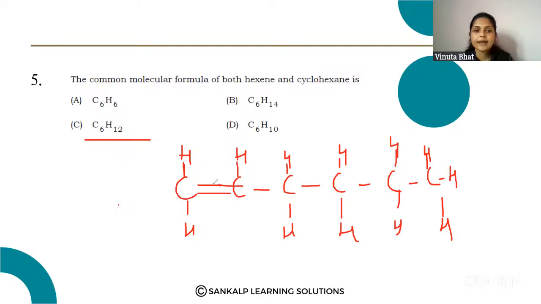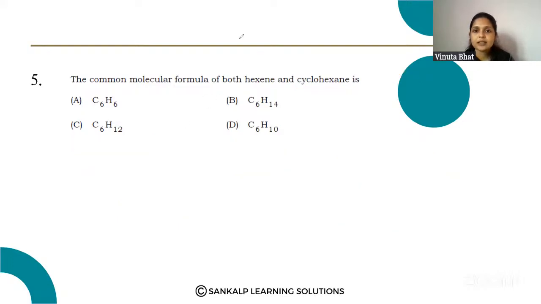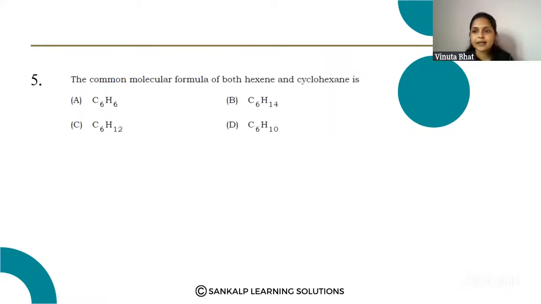So this is hexene, because the double bond is there. Cyclohexane also has the formula C6H12. So the correct option is option C, C6H12, for both hexene and cyclohexane. Option C is the correct answer.